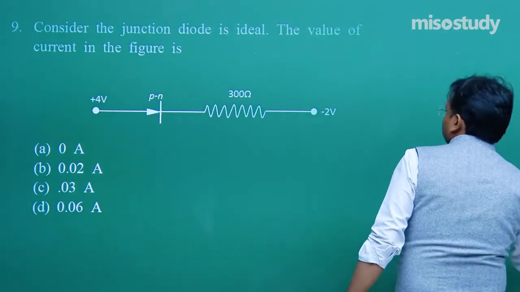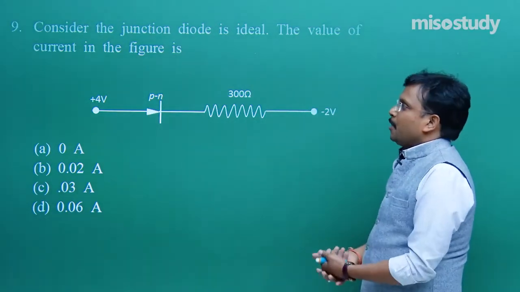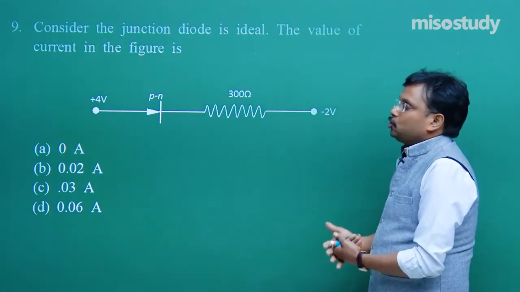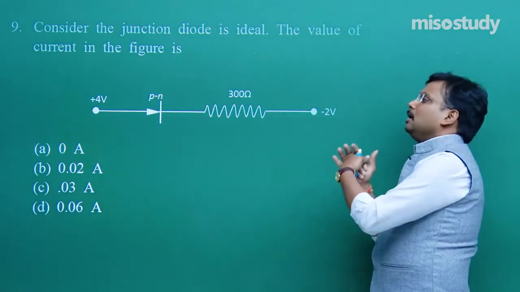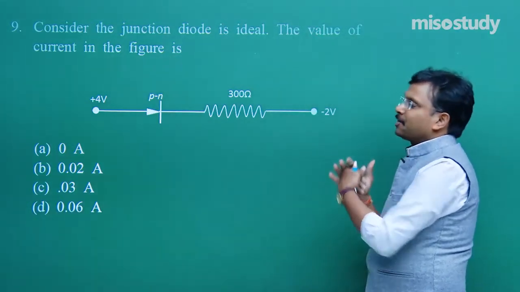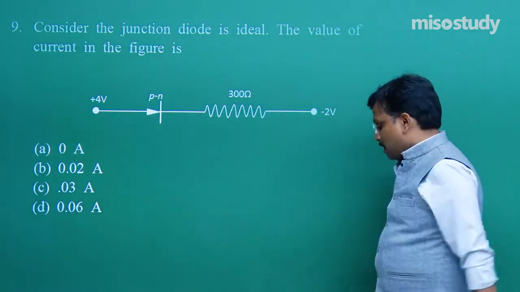Just because of some time constraint, students, in this particular question set, I am not able to devote a lot of time to logic gates, but I thought it's better to close this discussion by introducing a simple question from logic gates.